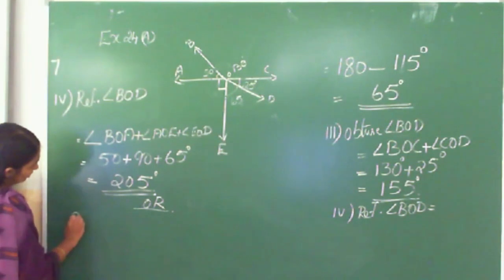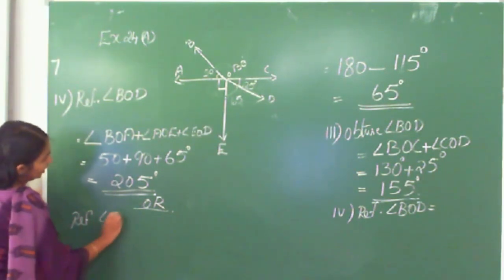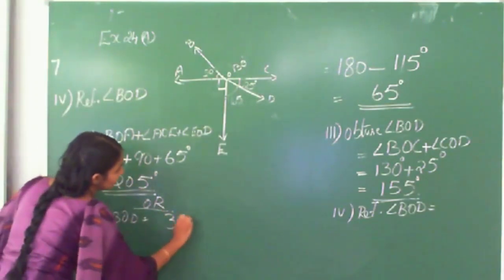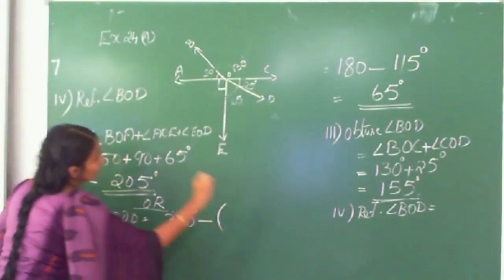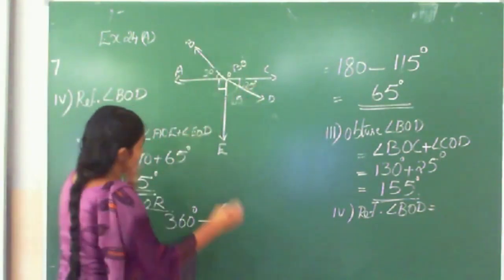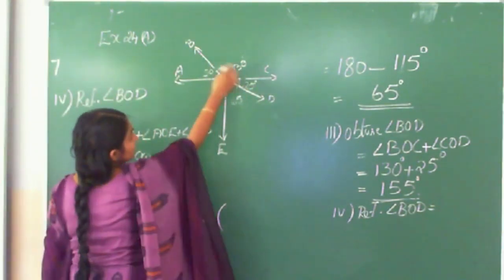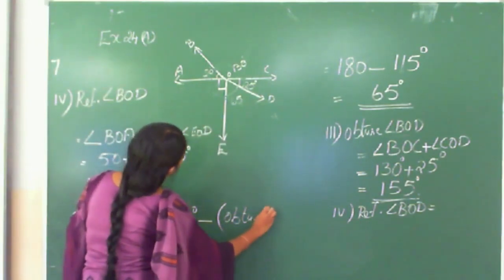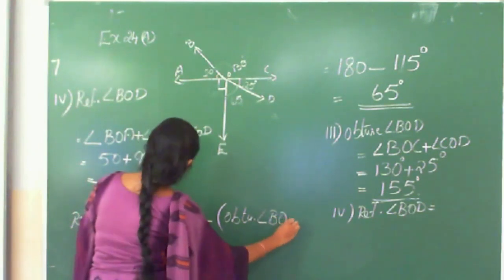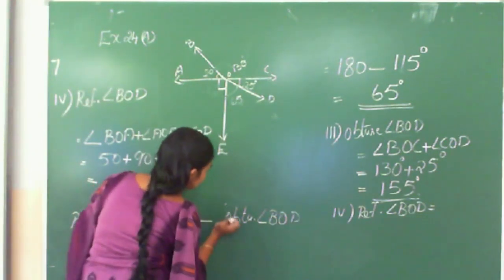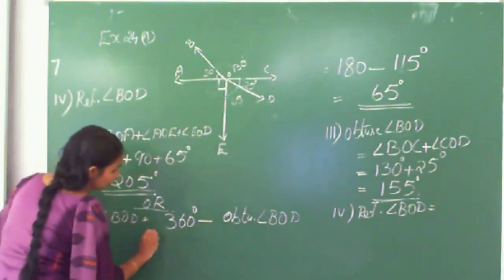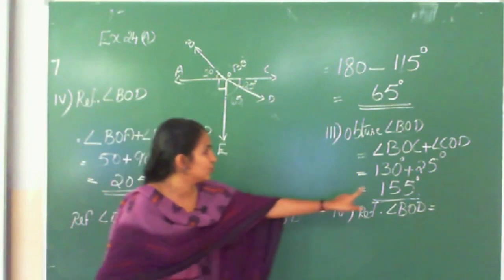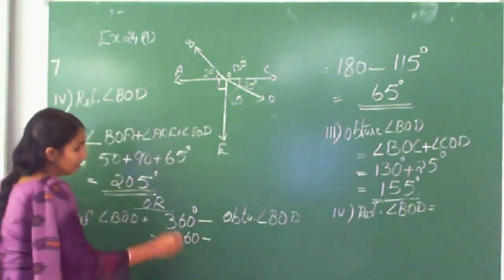So reflex angle BOD is equal to the total, meaning from 360 degrees subtract this angle, this one, obtuse angle BOD, which we already found, that is 155.